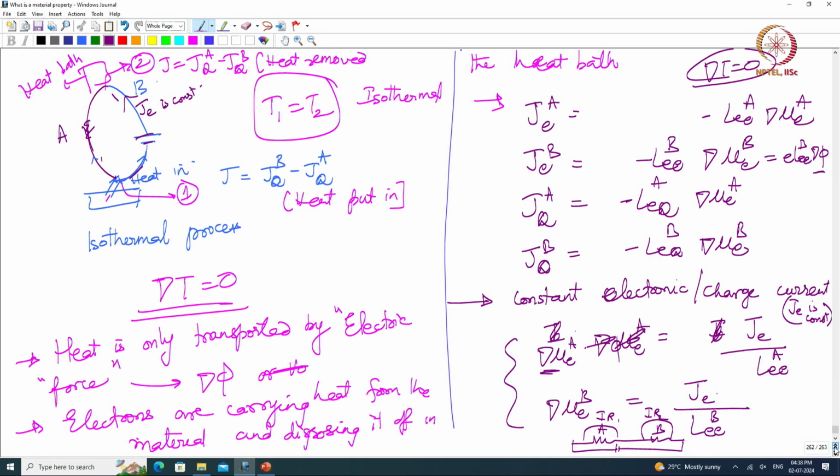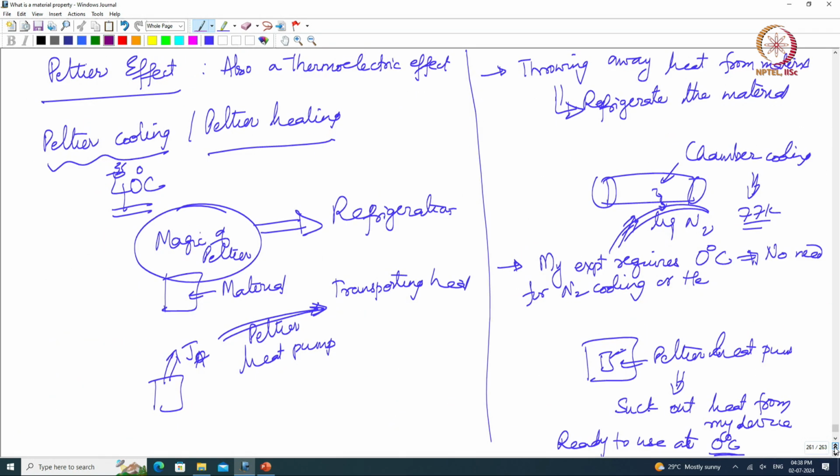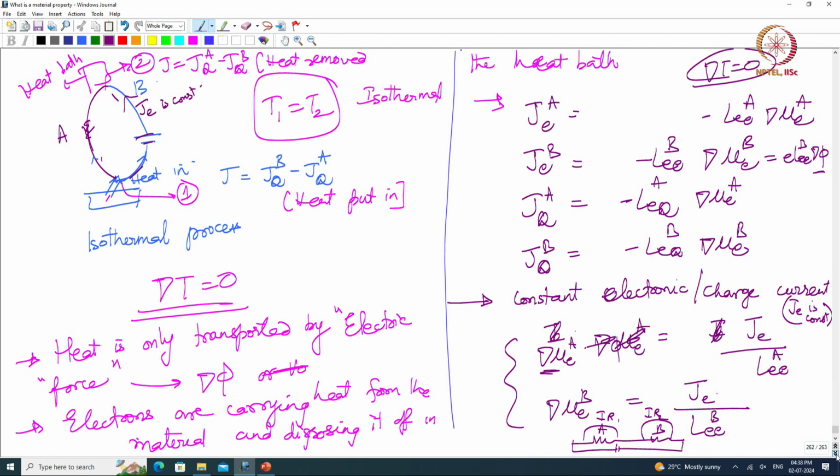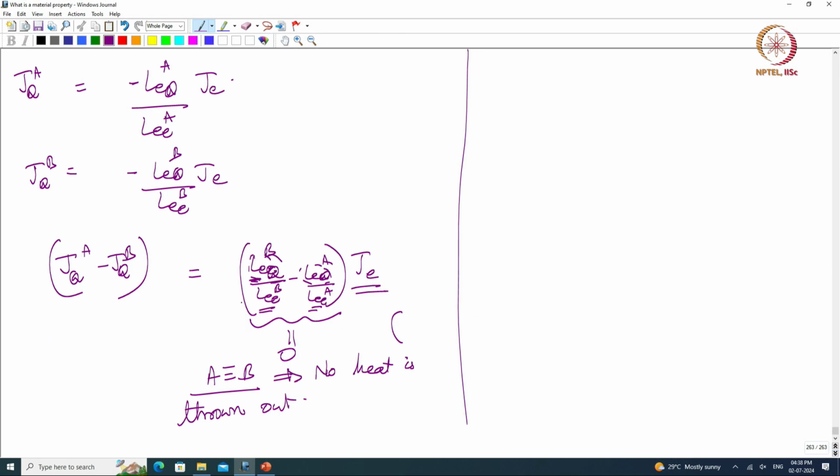If I look at what my Seebeck coefficient is here, that is L_EQ by L_EE, that is related to the Seebeck coefficient, right. So, this is the Seebeck coefficient of B minus the Seebeck coefficient of A times J_E, right. So, I can just measure the Seebeck coefficient and get the Peltier heat that is thrown out from the material.